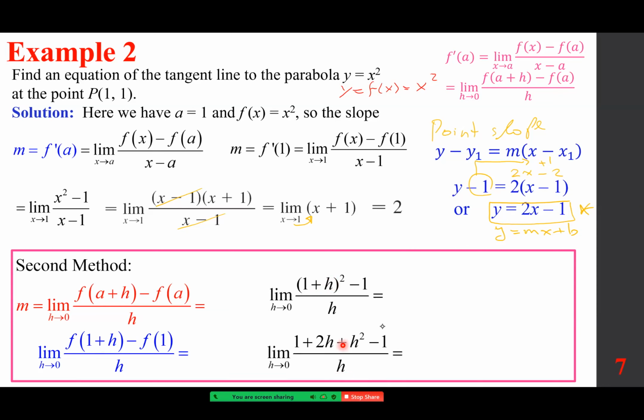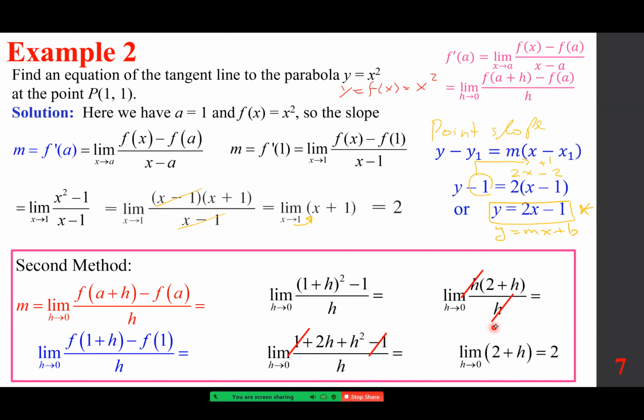So 1 cancels out the negative 1. We can factor the h from the first two. Cancels out the h in the denominator. And so you have the limit of 2 plus h as h approaches 0.